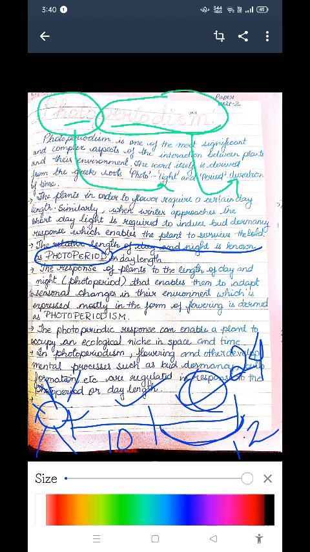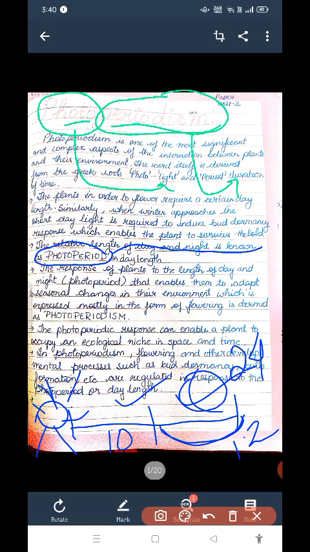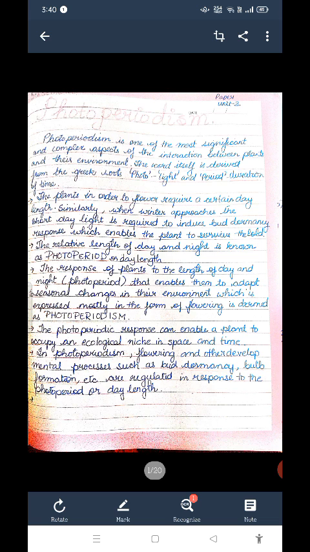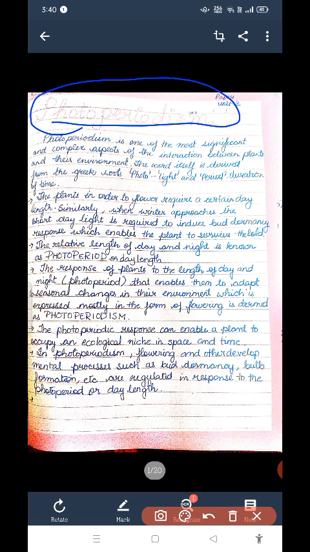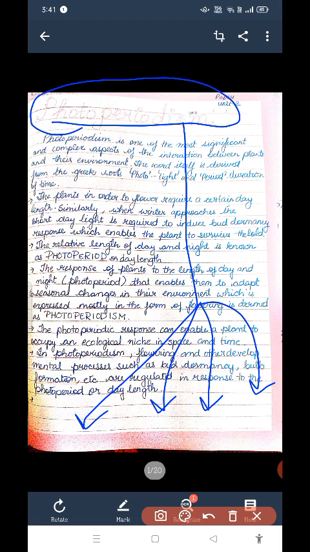So it can change from one day to the next. But before we go on to the next page, let me explain what else photoperiodism affects in a plant.